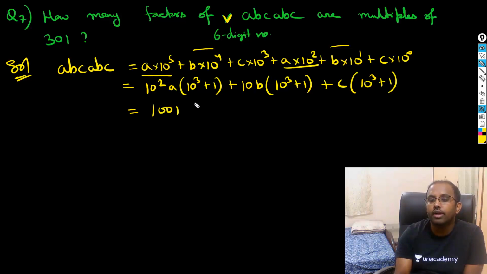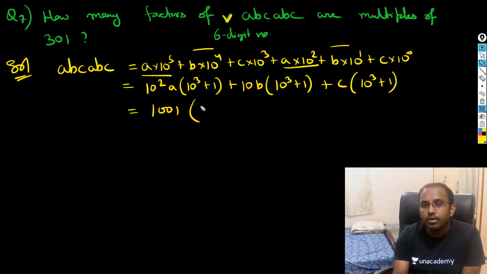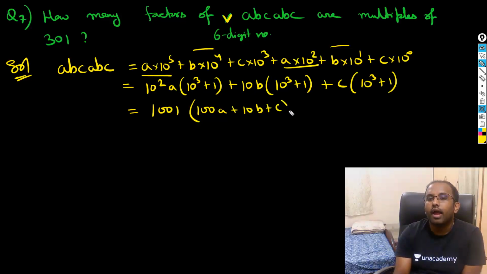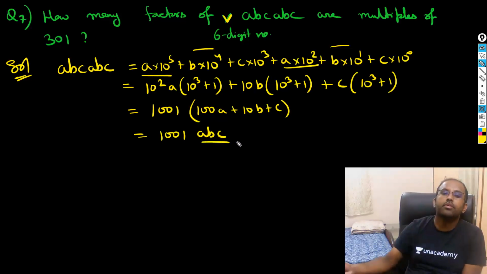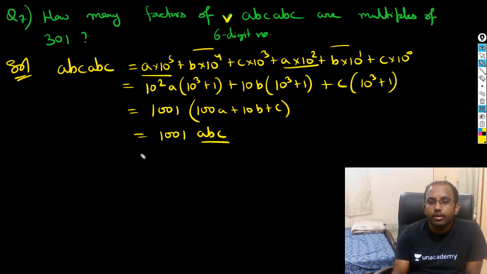So 1001 into what? It is 1001 into 100A plus 10B plus C, and actually this is written in normal form. This is 1001 into ABC, right? ABC is a 3-digit number here. And what is 1001? It is 7 into 11 into 13.